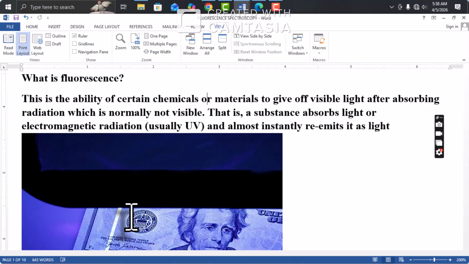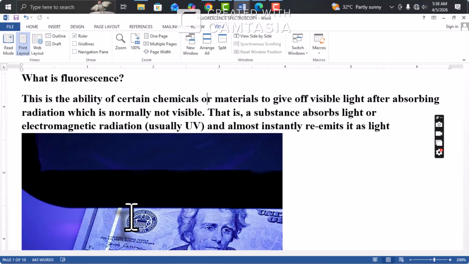A fluorescent substance will absorb light, or electromagnetic radiation, usually UV, and emit it as light.